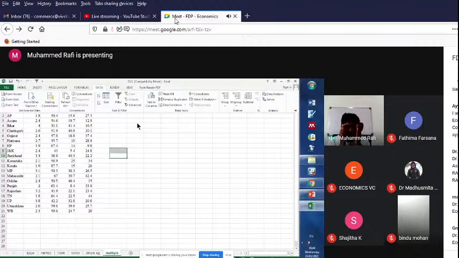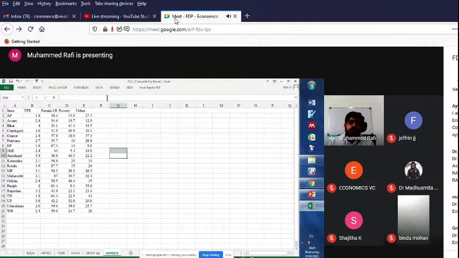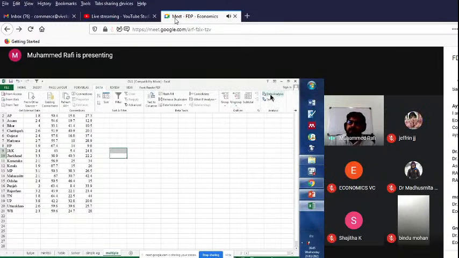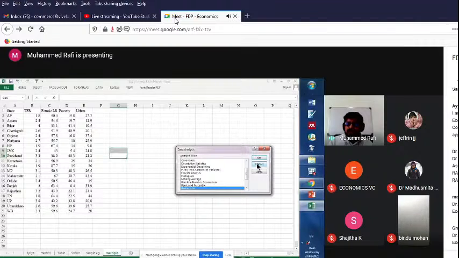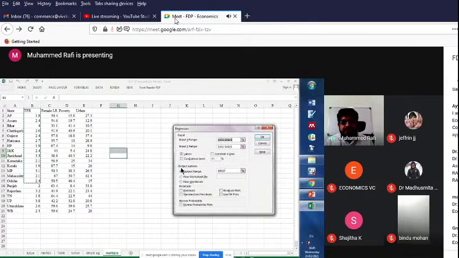And here one thing is that since we have more than one independent variable, you cannot go for the usual scatter plot; you have to go for a three-dimensional diagram. So what I'll do is I'll go to data analysis, and you can find out the values of beta 0, beta 1 and beta 2 cap.